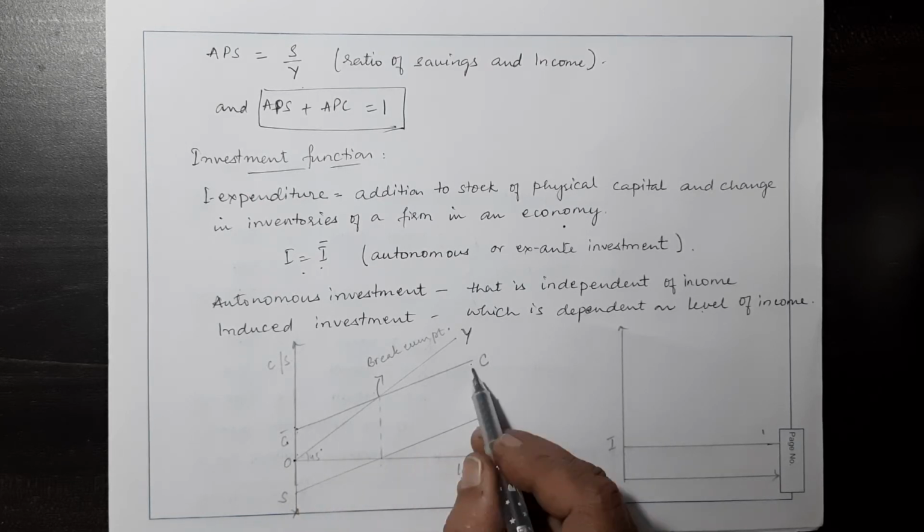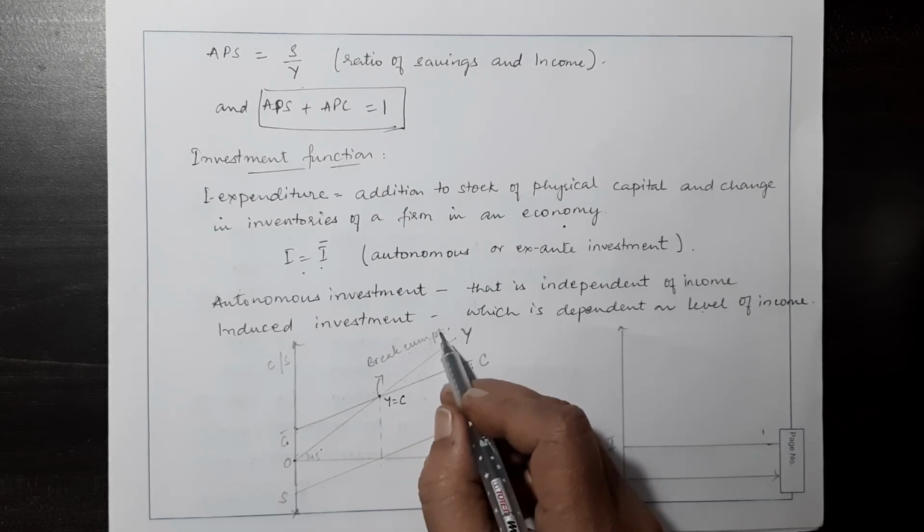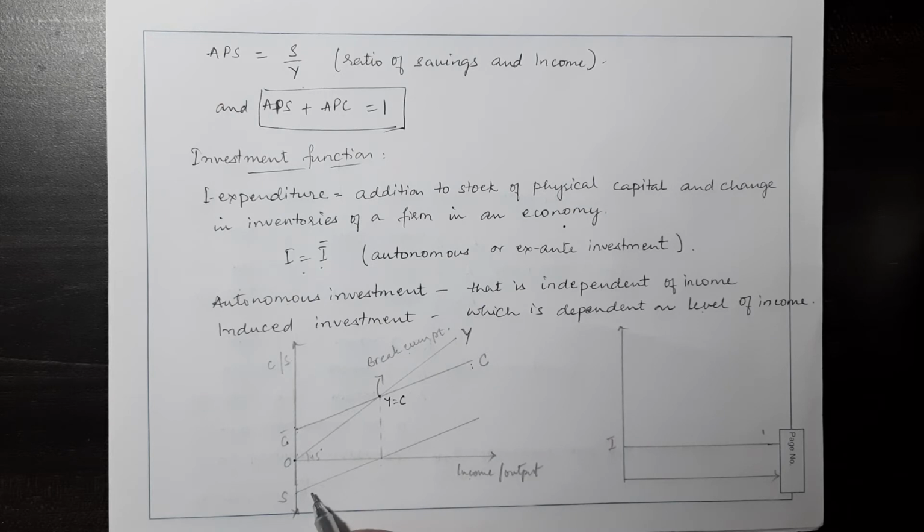So there will be a point where income will be equal to consumption. That point we call the break-even point. Now if you look at the savings curve, it starts below 0, that is, it is negative, since we are consuming from the savings; this autonomous consumption can be from the savings also. So the savings curve meets the x-axis at a point. At this point S is equal to 0.